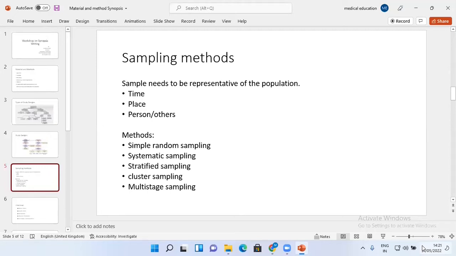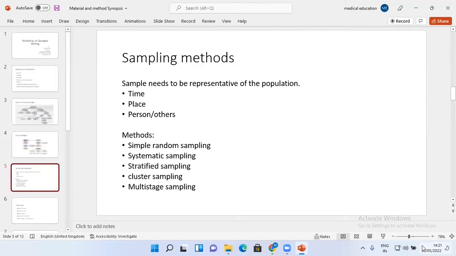Okay, so where, what time duration you are going to take, whether it is going to be a rural setting or urban setting or hospital based study, that also you are supposed to mention, and the person, so which age group you are going to select, which particular sex is included, whether both males and females, that you have to mention. Now there are different sampling methods.